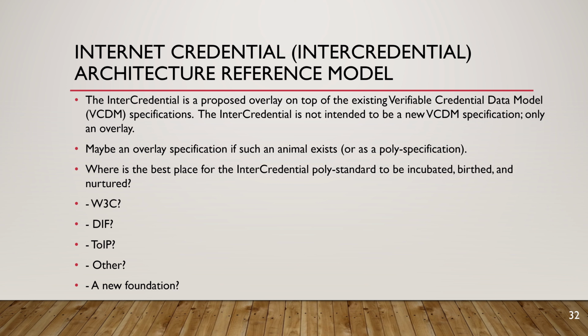Three specifications in development, three different standards organizations. So an interesting question, where's the best place for the InterCredential poly standard to be incubated, birthed, and nurtured? Is it the W3C? Is it DIF? Is it ToIP? Is it someplace else? Is there a new foundation that's needed for poly standards? TBD.